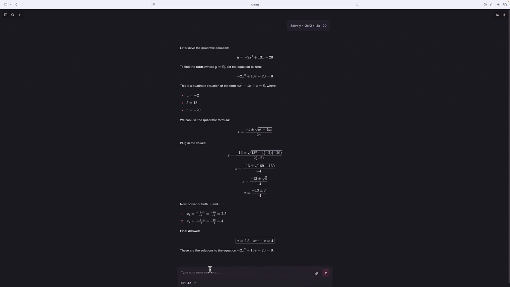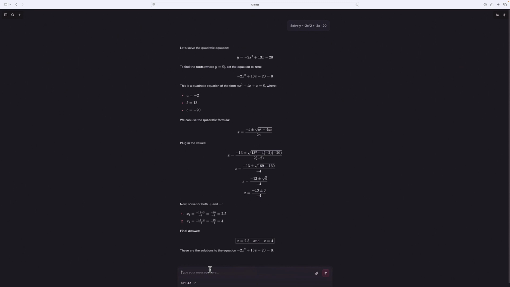Very nice. Then you have the quadratic equation, right? X equals negative b plus or minus square root of b squared minus 4ac divided by 2a. And then it says plug in the values. So b is 13, a is negative 2, and c is negative 20, and so forth, as you can see here.